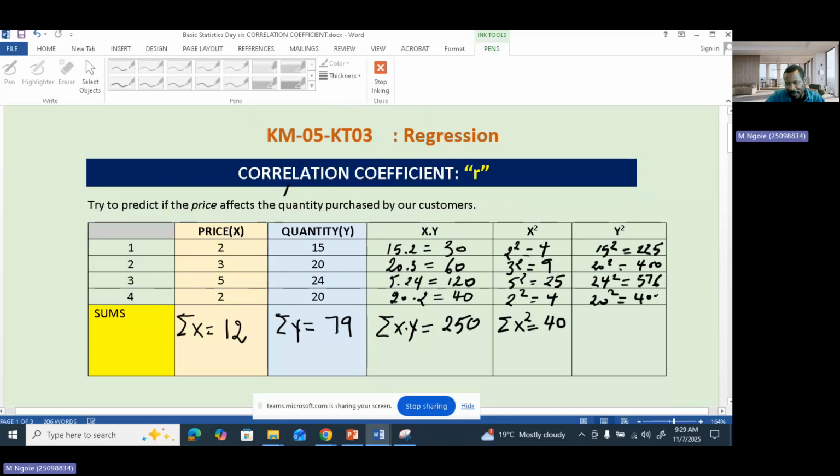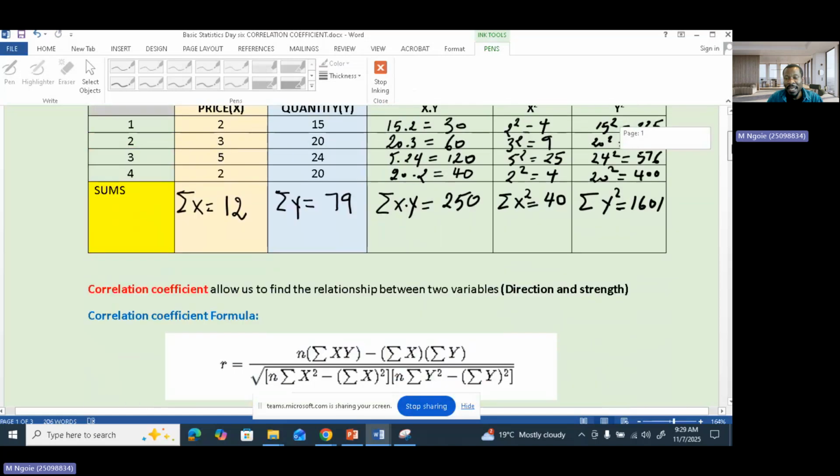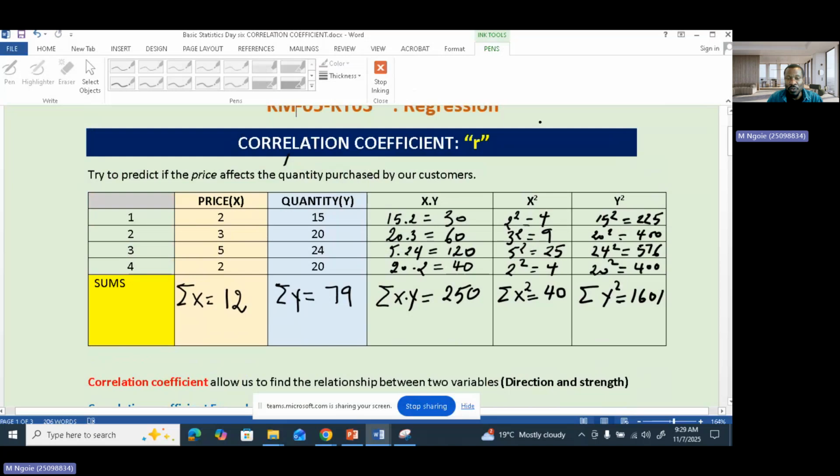And here 400 again. And the sum of y squared is 225 plus 400, plus 576, plus 400 again. So the sum here is 1611, right?